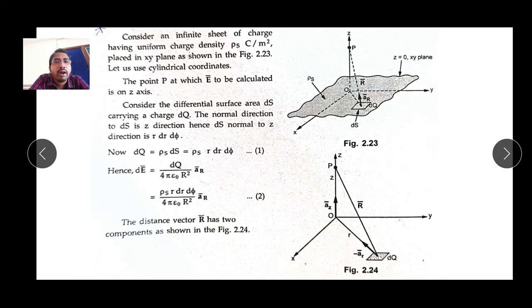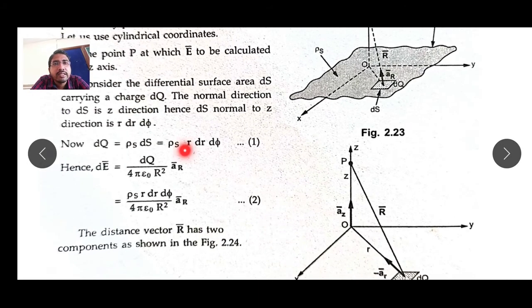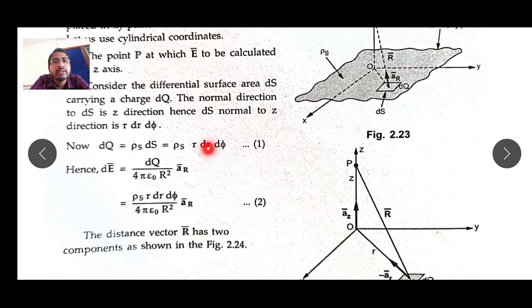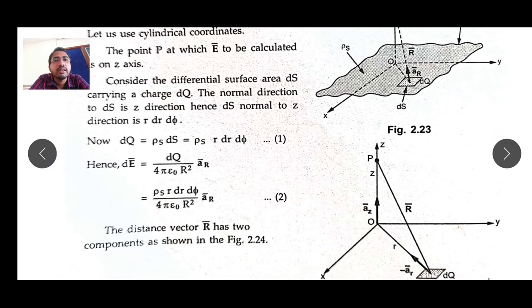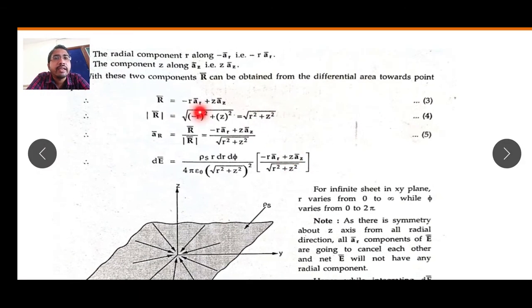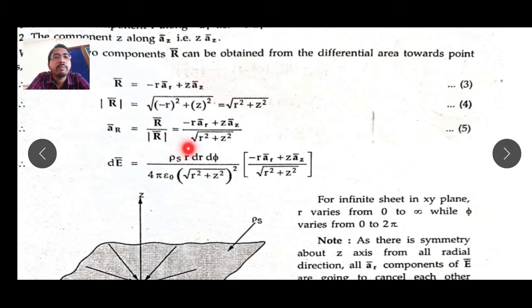Okay, so already we know that electric field intensity is dq by 4 pi epsilon naught r square ar bar. So dq means you substitute this expression here. Ar bar means r bar by mod r bar, where r bar is equal to minus r ar bar plus z into az bar. So r bar by mod r bar will give you the unit vector in the direction of the small differential sheet of charge.